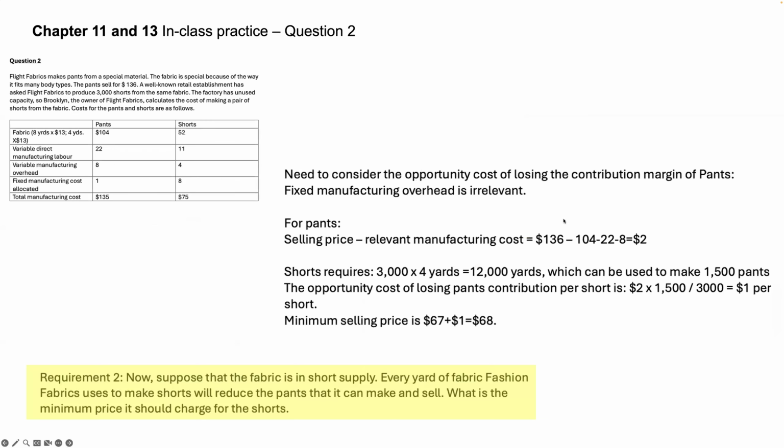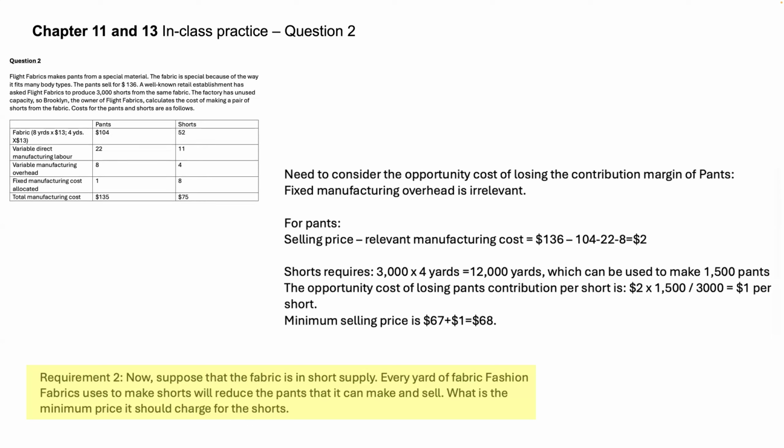Okay, so here we want to consider what's the contribution margin for the pants. The fixed manufacturing cost is irrelevant, because it doesn't matter whether you make pants or shorts, that fixed manufacturing overhead is there.